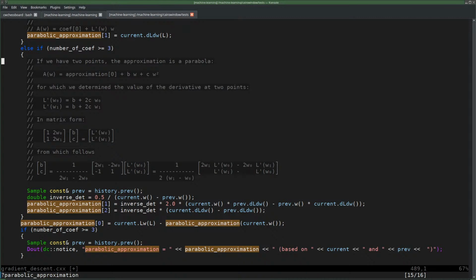If you have 2 points, the approximation is a parabola. A(w) is the value at 0 plus b times w plus c times w squared, for which we determine the value of the derivative at 2 points. I have these two as well. In matrix form, that means that we have this, and then we can calculate that, and then apparently that's enough to continue with code.